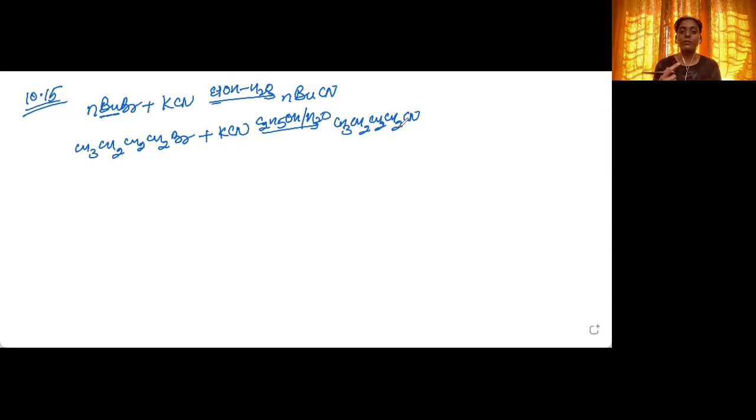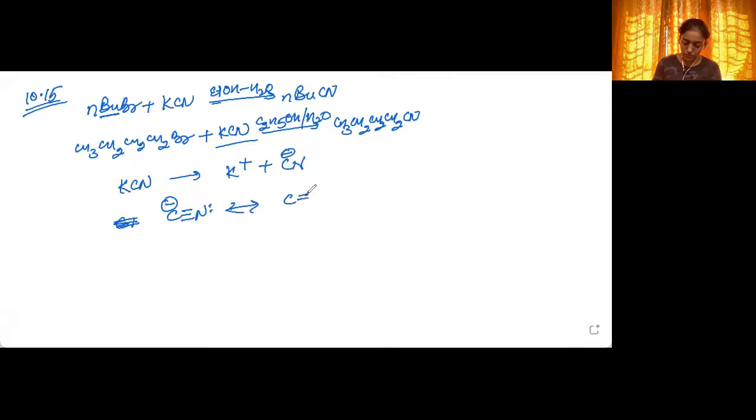First of all, let's see what will be the nucleophile here. Because KCN is ionic in nature, it will be dissociated as this molecule, right? Now CN is an ambident nucleophile. We have already done in the previous questions what an ambident nucleophile is, which can attack from two sides. Because of this resonating structure, it can attack either through nitrogen or through carbon.